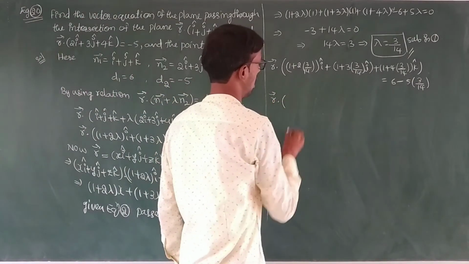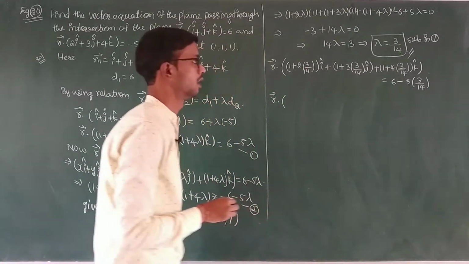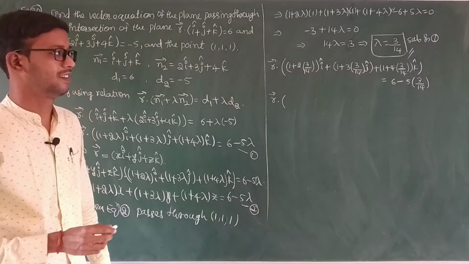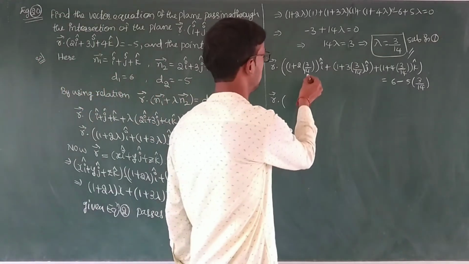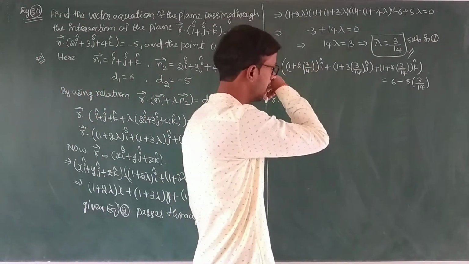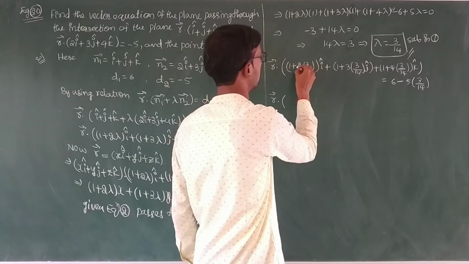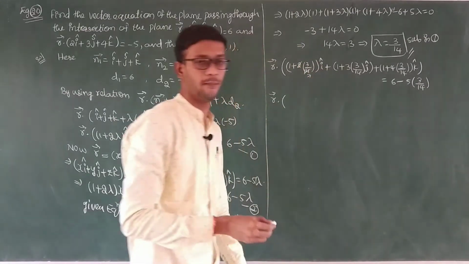R bar dot of. Take the LCM, otherwise you make the simplification here. 2 1s are 2, 2 7s are 14.